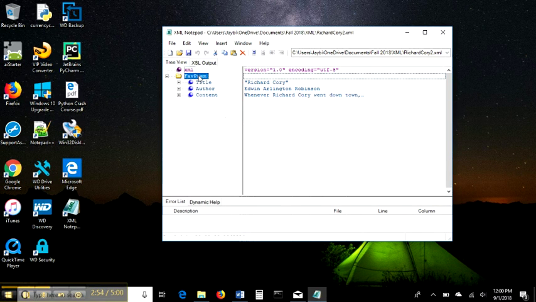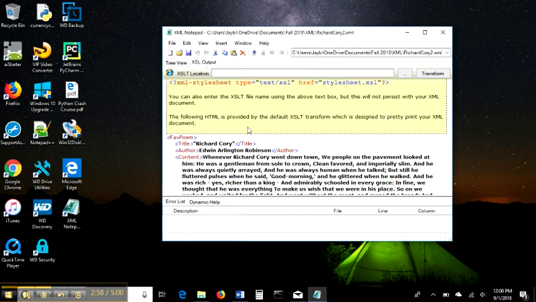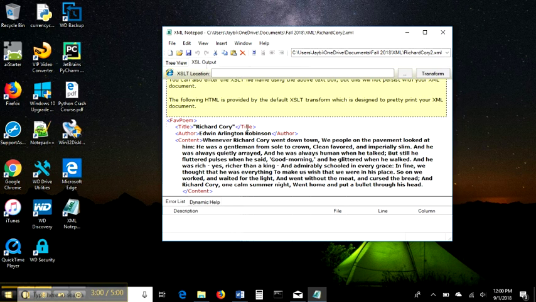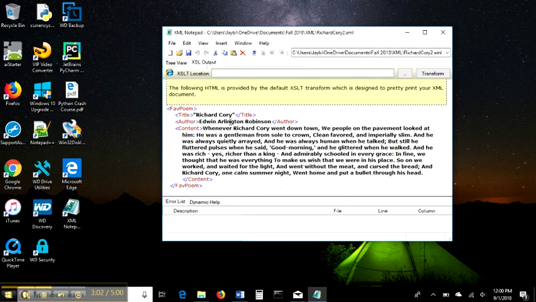And then the last one I was kind of working on a bit. Maybe we're writing a blog and this is our favorite poem. So we have the title, Richard Cory again, and the author. Instead of breaking it out into stanzas, we just put it as the content of the poem.